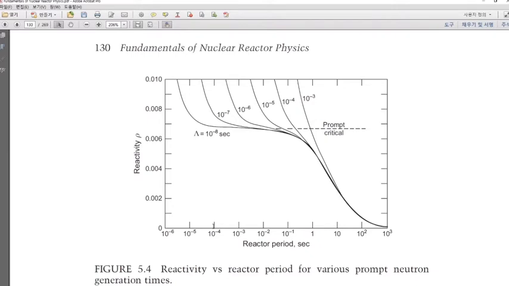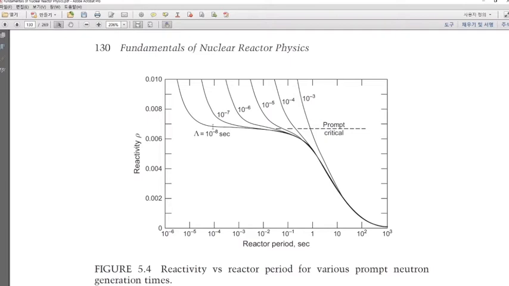So, for example, if the reactor period is 10 to the power minus 4, that means in 1 second, the reactor power may increase exponentially to the power 10,000. That is, of course, a huge number.